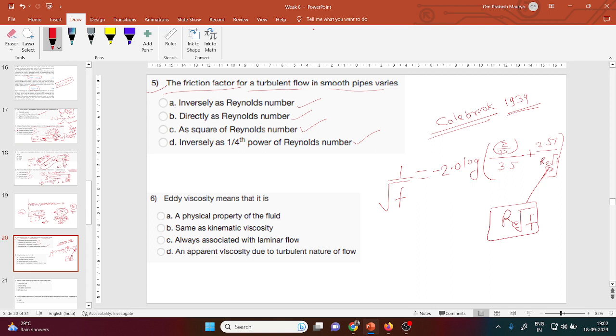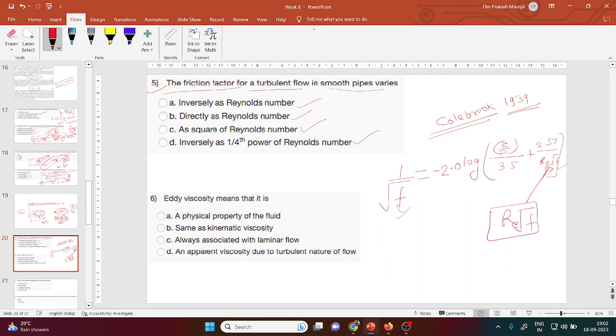But this is very implicit. Implicit means whatever we are going to find out is also on the right hand side, as well as the left hand side.